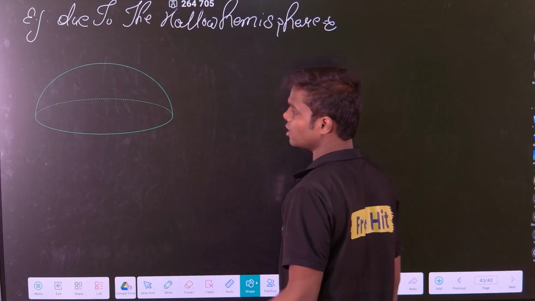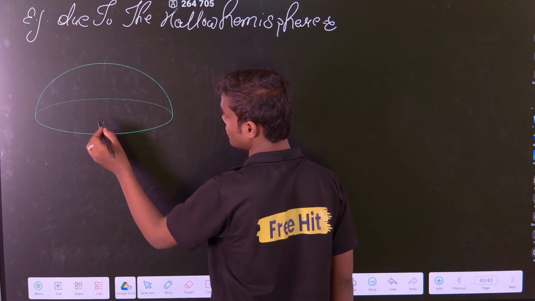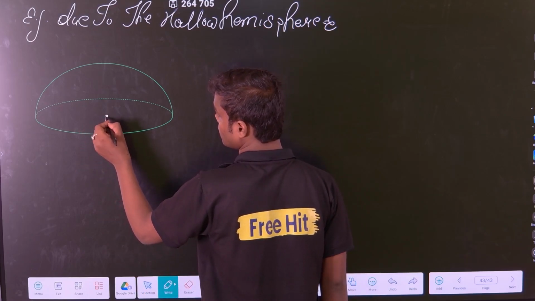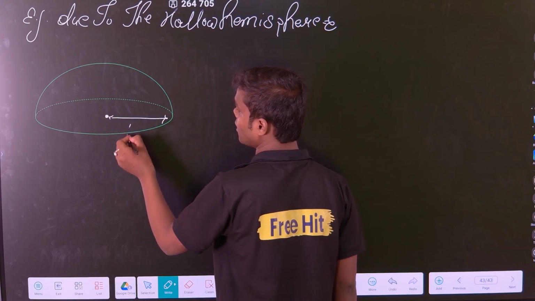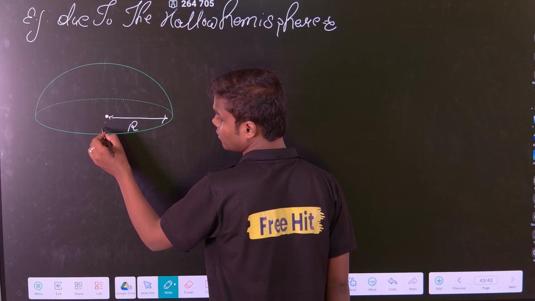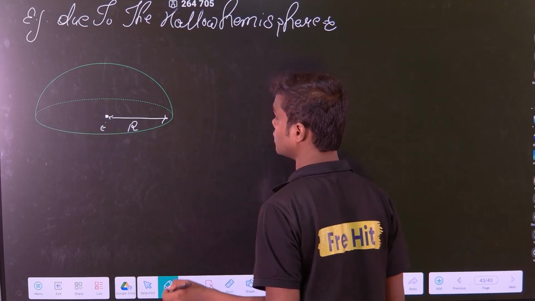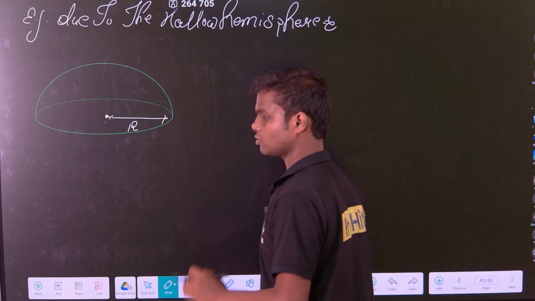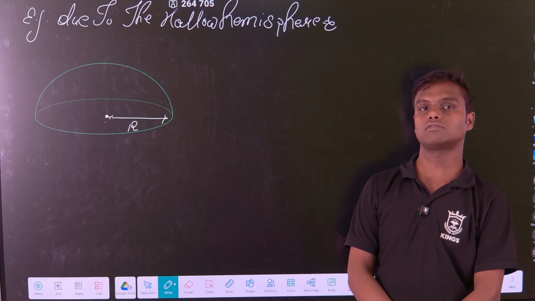So this is a hollow hemisphere, and suppose this is my center. Suppose the radius is r, and it is a positive charge. I want to calculate the electric field at the center. That is my question. Now how to calculate the electric field due to the hollow hemisphere?